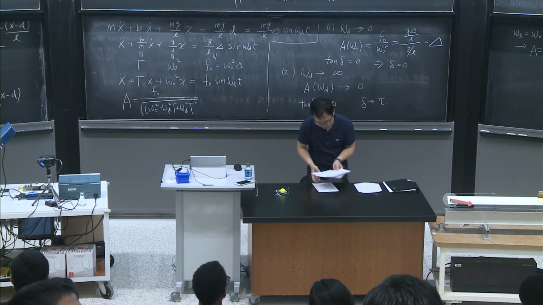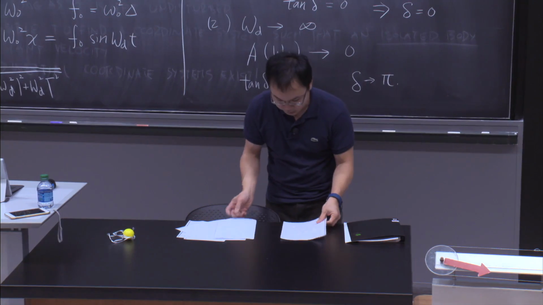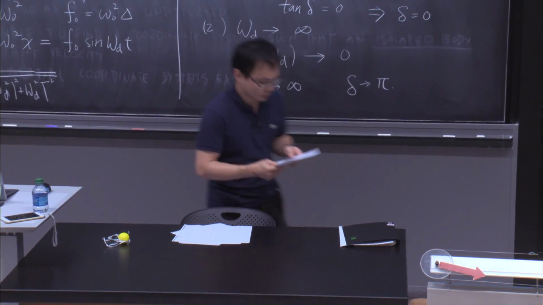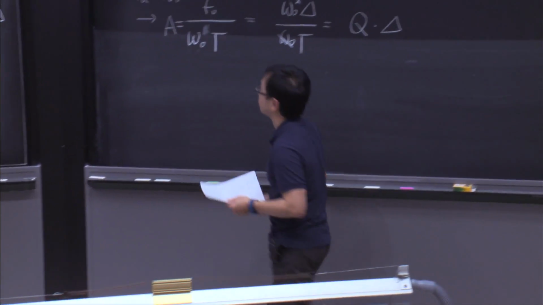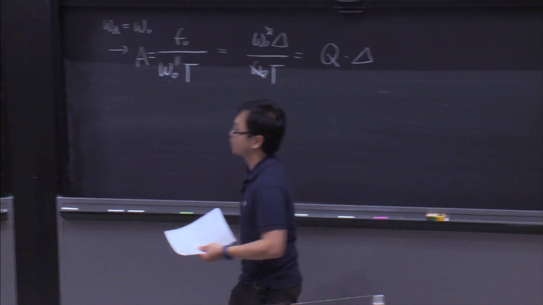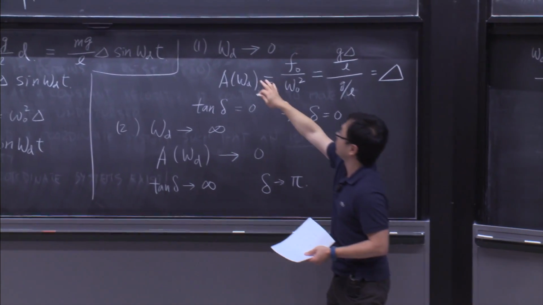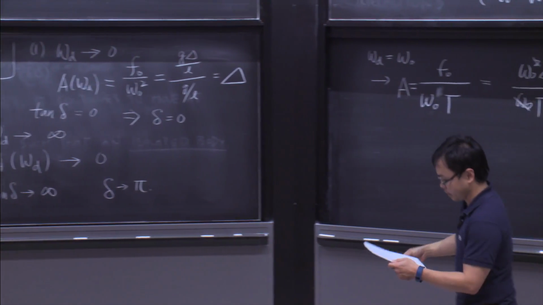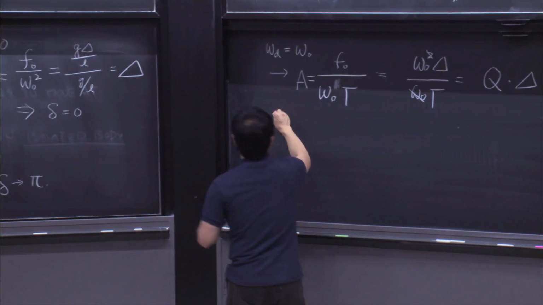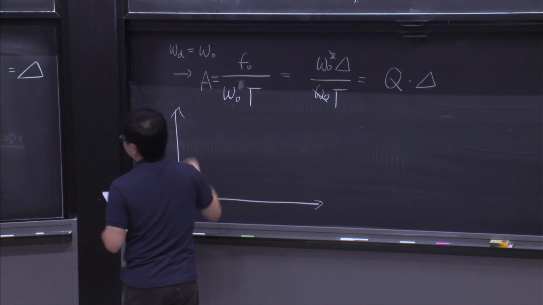Okay, that's very good. So now we can go ahead and take a look at the structure of the A and the delta. As we demonstrated before, we make sense of the 3 different kinds of situation: omega d goes to 0, omega d goes to infinity, and of course, I would like to know the full structure of those A and delta.